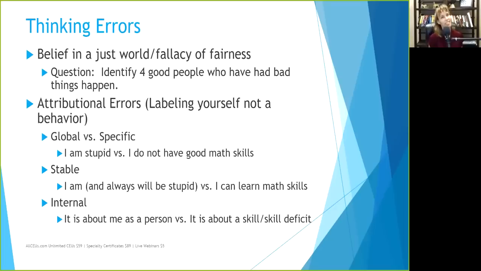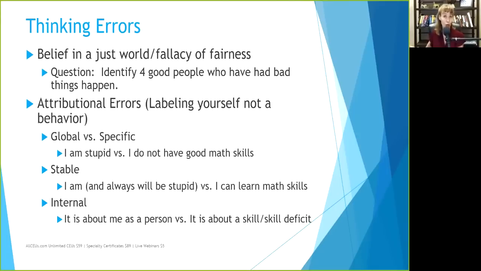Attributional errors, and this is a pet of mine, labeling yourself, not a behavior. So global versus specific: I am stupid versus I'm stupid at math. I don't have good math skills. It's not about me, it's about my skills. I can change skills. Stable: I am and I always will be, versus it's something I can change.